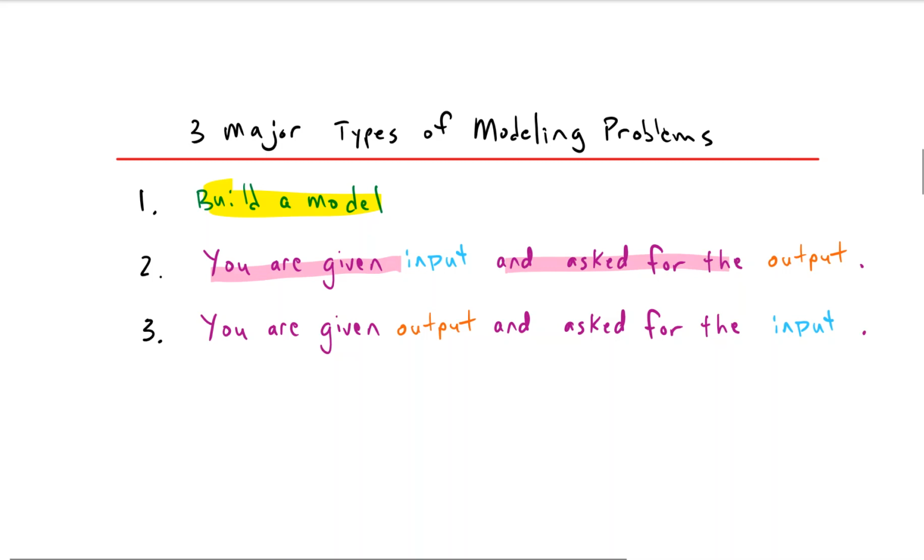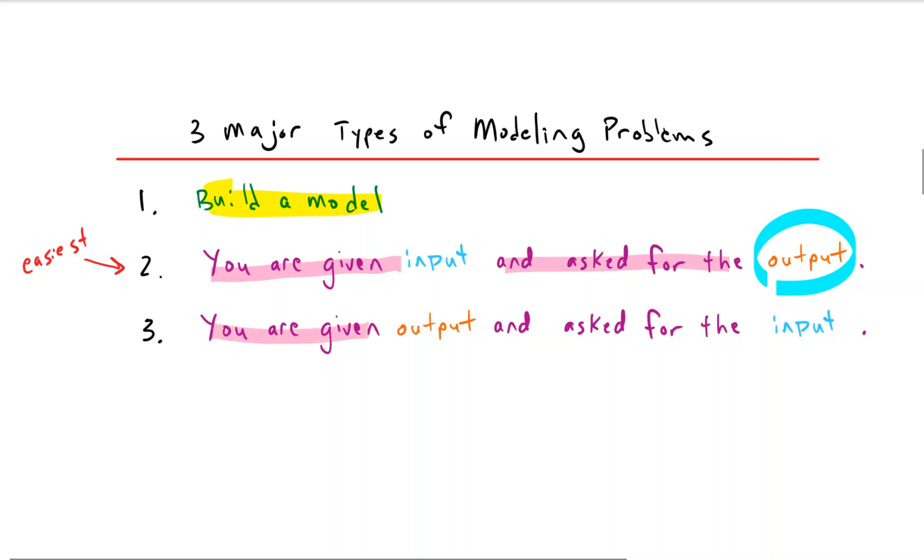You are looking for the output. This is probably the easiest of the three types by far, because you're just plugging a number into an equation. Evaluating, that's all you're doing there.